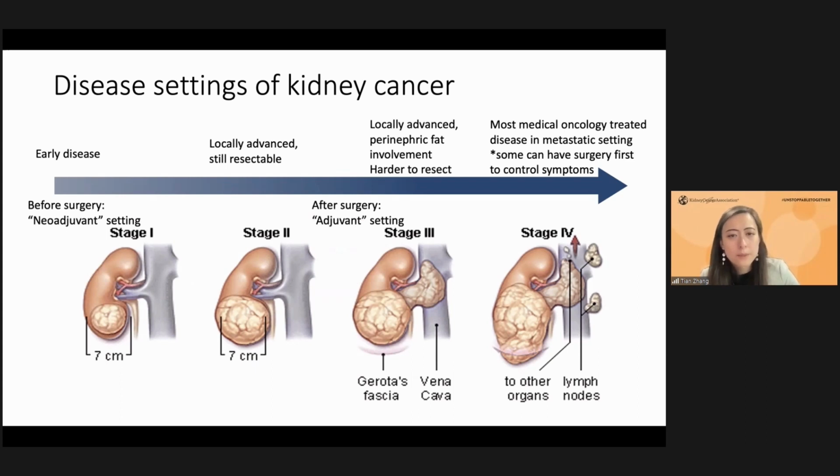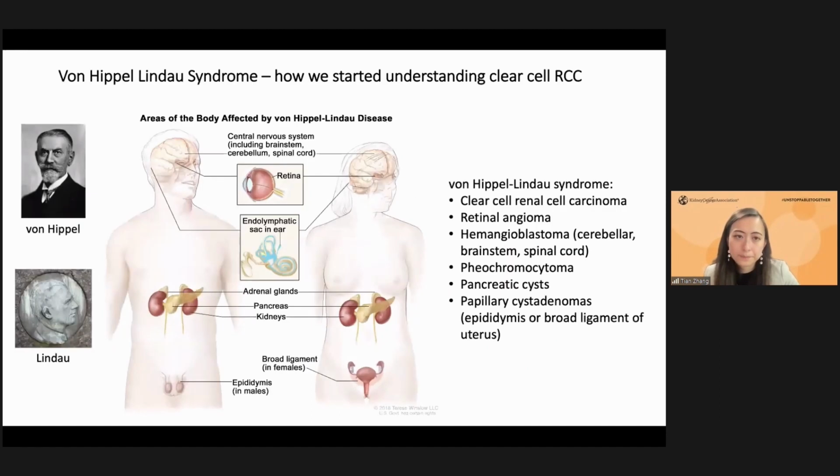We call some of these before surgery neoadjuvant. And then just for terminology's sake, after surgery or post-op, we define this as the adjuvant setting. What you'll hear in the third portion of this talk is that we are having more and more advances in improving our adjuvant outcomes as well.